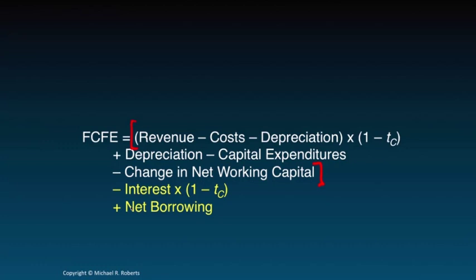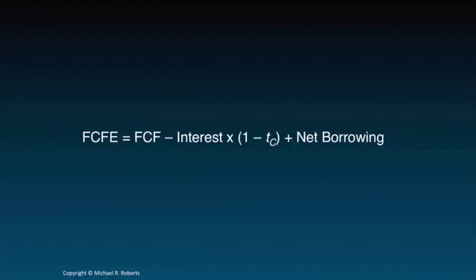We're going to subtract off the after-tax interest cost and add back in any net borrowing. That is, borrowing above and beyond any repayment of debt. So another way to compactly write free cash flow to equity is that it starts with unlevered free cash flow, the free cash flow available to debt and equity holders, and we subtract off the after-tax interest expense and add in the net borrowing.